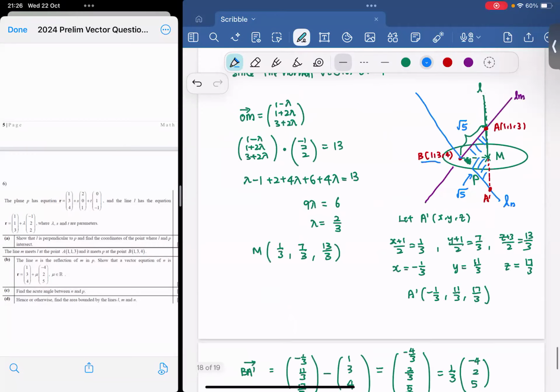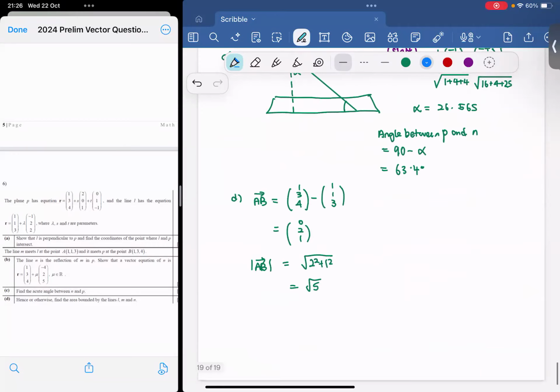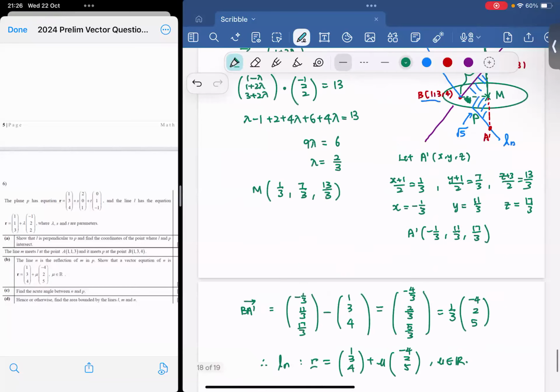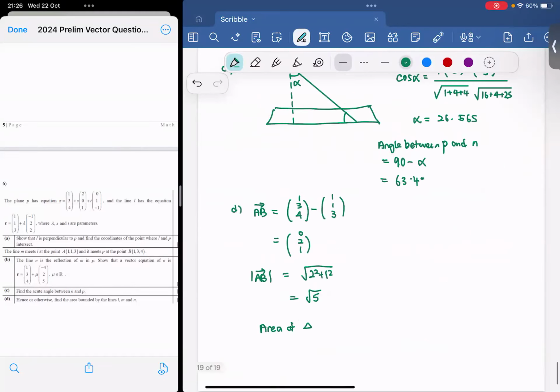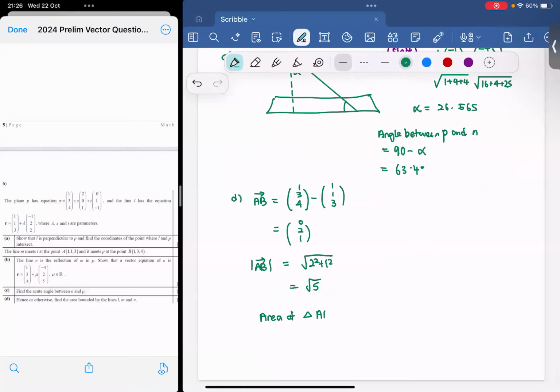Okay, so how do we find? So the area of triangle A prime B is just equal to half AB sine 63.4.